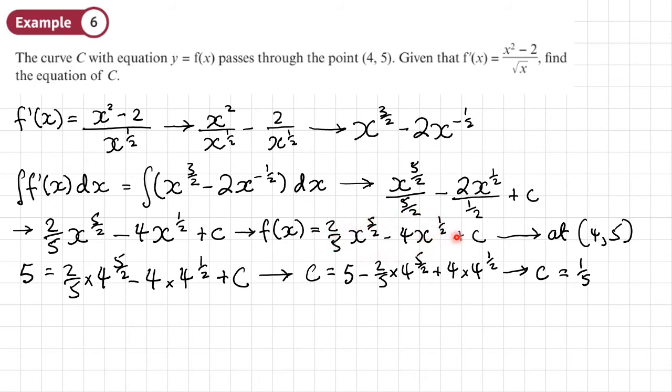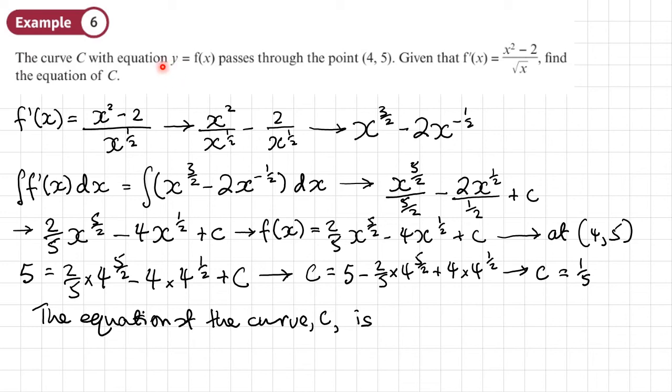So now we've found the last bit of the puzzle that tells us what the equation of c is. So it's this plus c, and c is 1/5. So we'll write down the equation of the curve c is, and we can write it as either f of x equals or y equals.